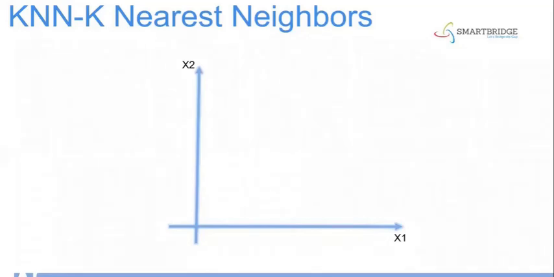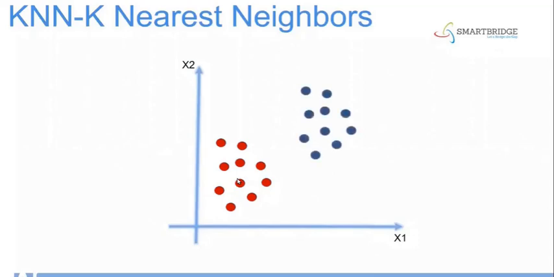Whenever I plot those two variables on a graph, all the fruits which are of size 5 to 6 centimeters and weight of 10 grams to 20 grams lie here. Let's suppose another set of fruits which are of 15 to 25 centimeters or so, and the weight is about 50 or 60 grams, then those are plotted over here.